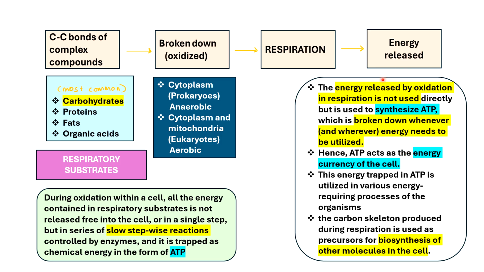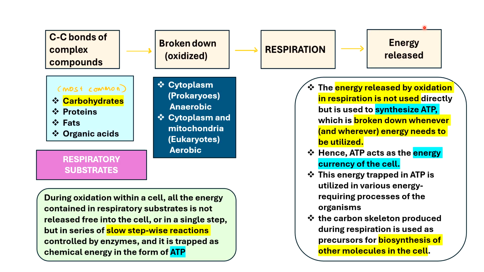Now, the energy released in oxidation is not used by the cell immediately, but it is stored in the form of ATP, and whenever the cell needs that energy, it will convert the ATP to ADP, and the energy can be used to drive the cellular functions.